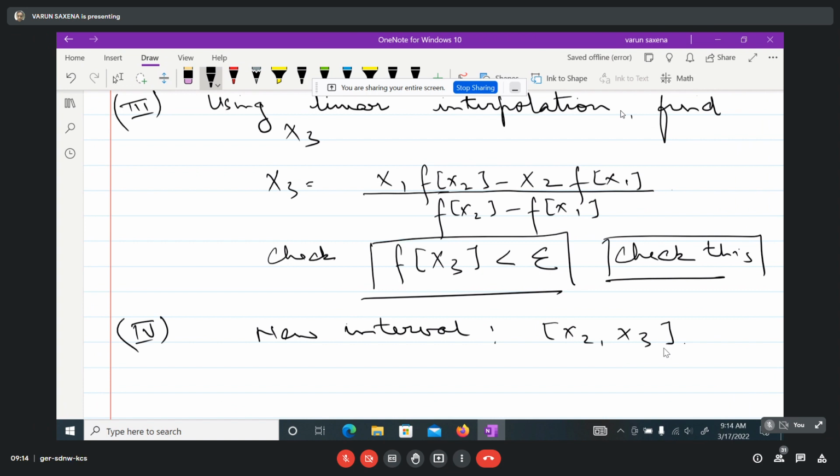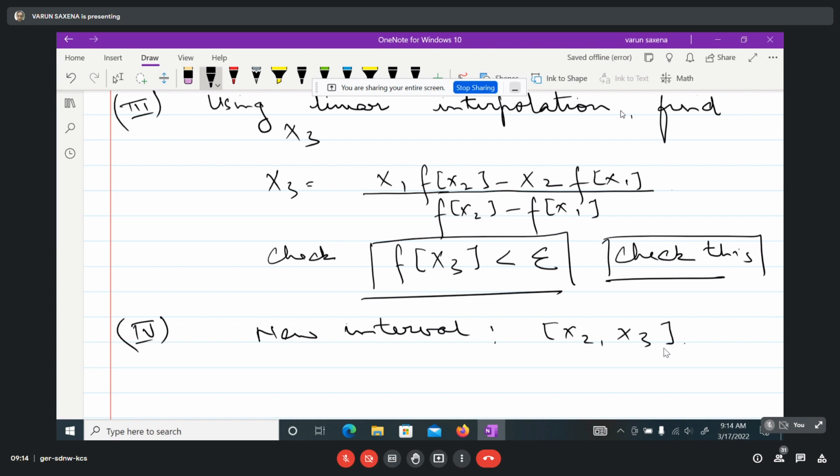In the next iteration you'll find x4, then the next interval will become x3 and x4. Then you'll find x5, then the next interval will become x4 and x5. So it's like you're marching in some direction, whether forward or backward, and you constantly keep checking whether f(x3), f(x4), f(x5), f(x6), whatever it is, is less than epsilon or not. And if it is, then you stop.